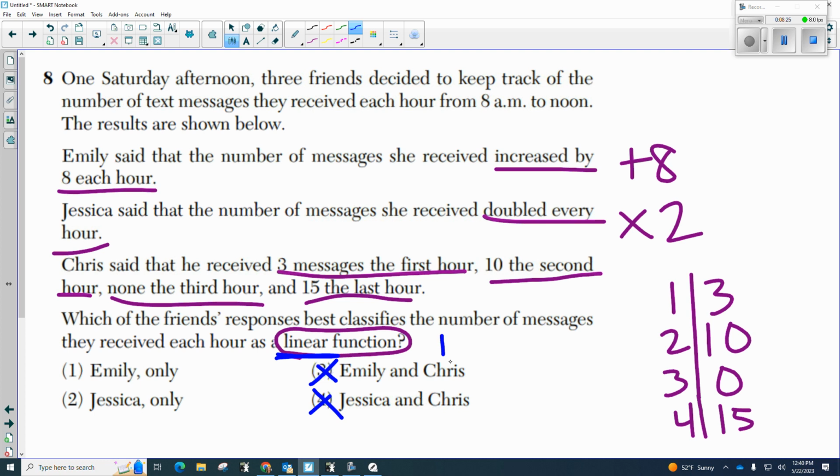Remember, linear is adding or subtracting, and exponential is when you multiply or divide. So Emily is the linear, right? But if the question asked which was an exponential function, then we would go with Jessica. So remember that difference. Adding, subtracting for linear, multiplying and dividing is exponential.